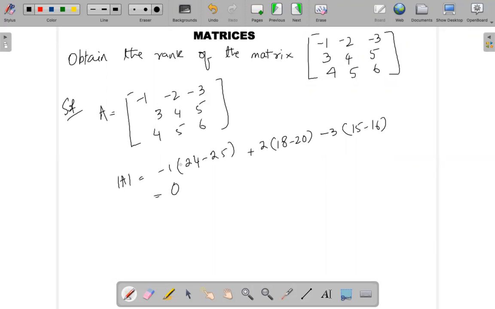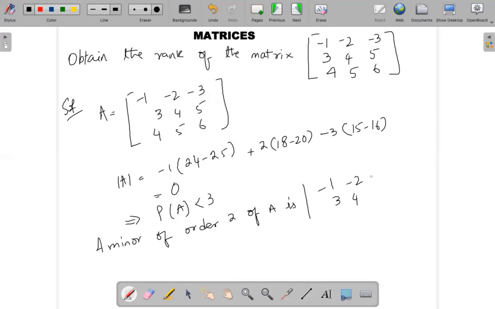Now since you got this as 0, the rank of A is less than 3. Now a minor of order 2 of A, which is [-1, -2; 3, 4]. Let us find the determinant of that.